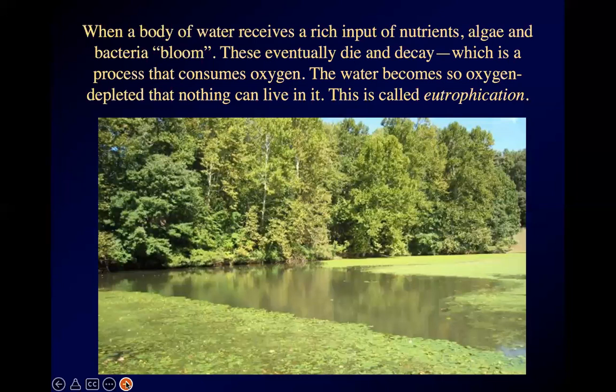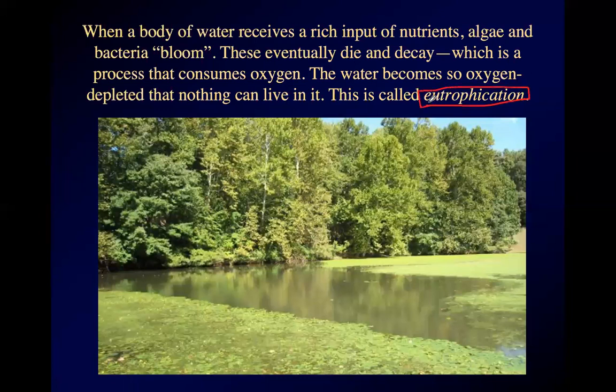Underneath the surface, the water is so depleted of oxygen that nothing can live in it. Any fish that were in there just die of suffocation. And you end up with a lake with huge amounts of green stuff on the surface. The lower levels of the lake are pretty much dead. The word for this, by the way, is eutrophication.